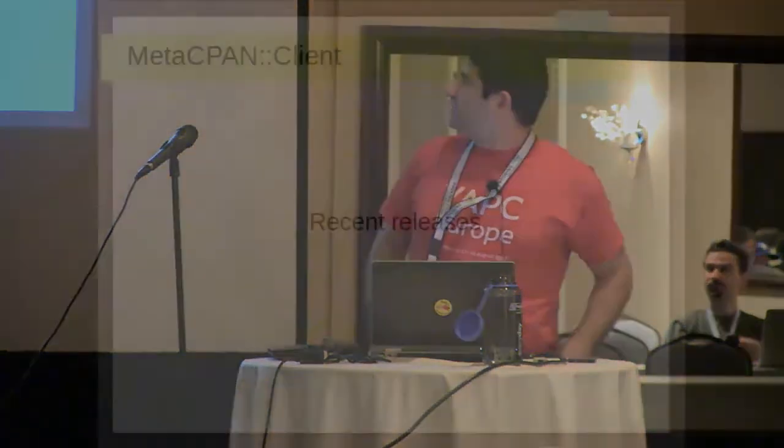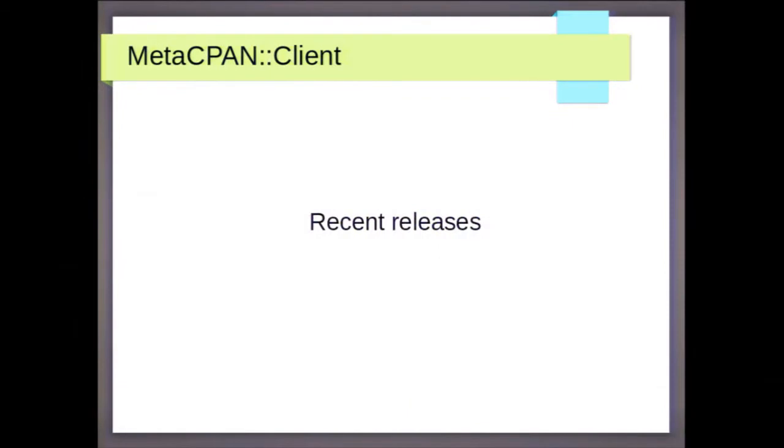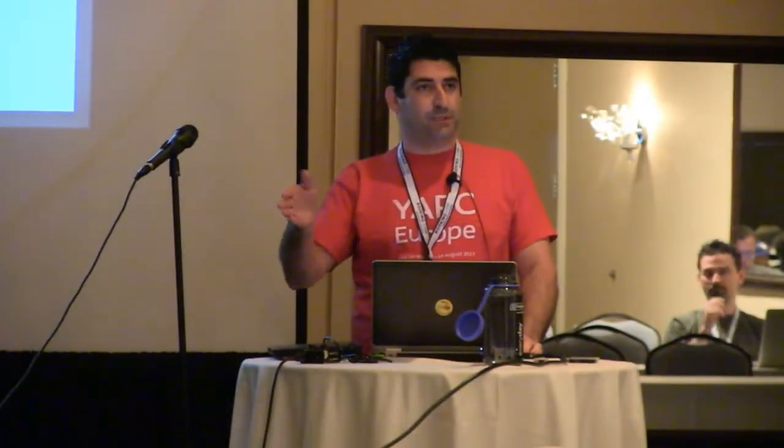Recent releases. That was a feature I added yesterday, and it was released. MetaCPAN client's latest release was about 5 or 10 minutes ago. With that addition, which gives you the same list of recent releases to CPAN as if you go to metacpan.org/recent, you can request either the last X number of releases or everything from today.